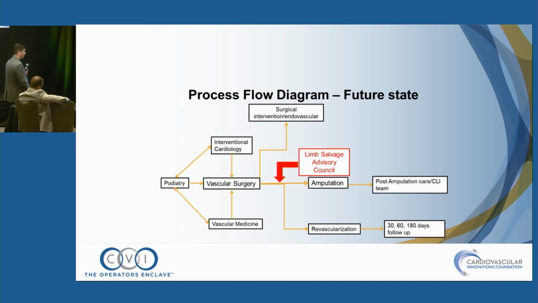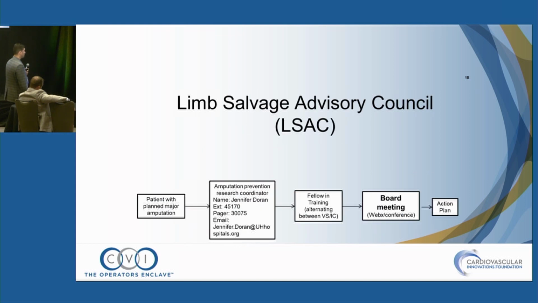Then we either decide that yes, the foot or leg is non-salvageable, proceed with amputation, or no, this is worth another revasc attempt, whether surgical or endo. So it's a process. Jenny is here. Thank you, Jenny. Once we identify a patient, she gets called, she arranges a meeting, the fellow is present, we meet and make an action plan.